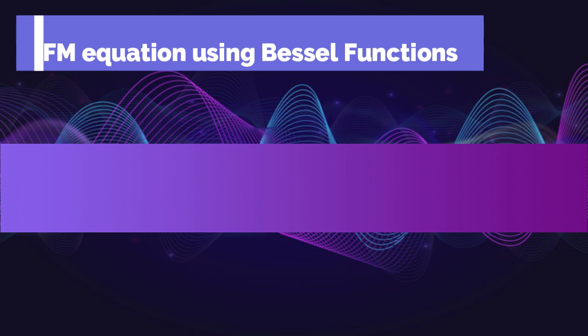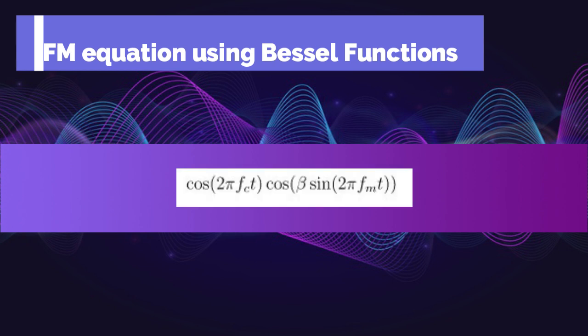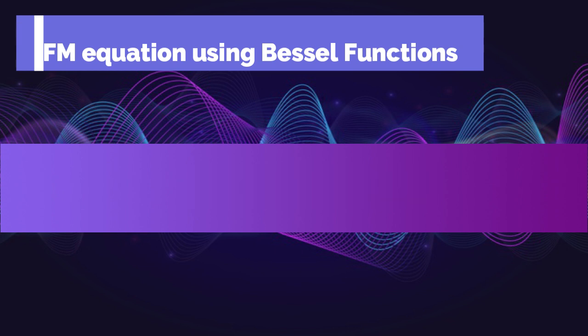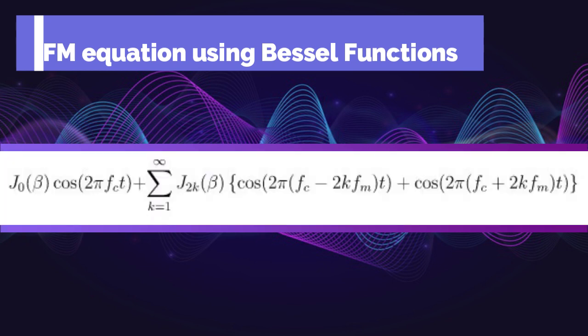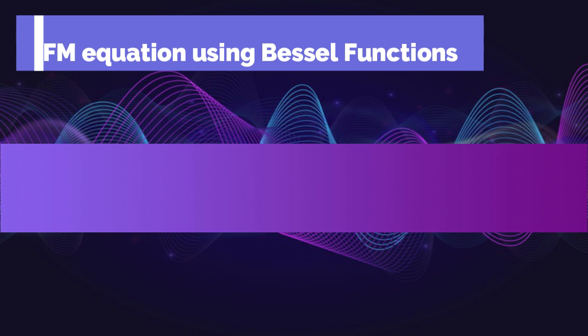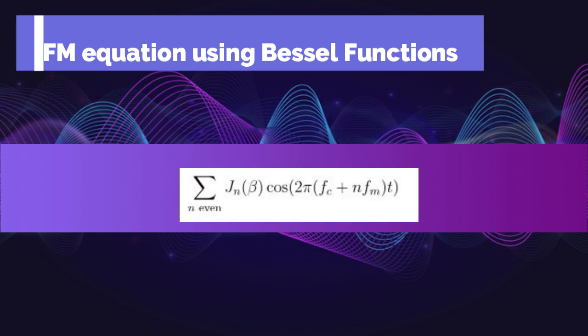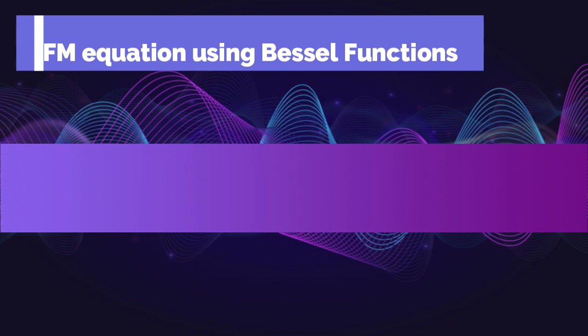Now, let's take the first term of this equation and apply one of our Bessel identities to expand it, which can be simplified to this equation, where the sum runs over all even integers, positive and negative.